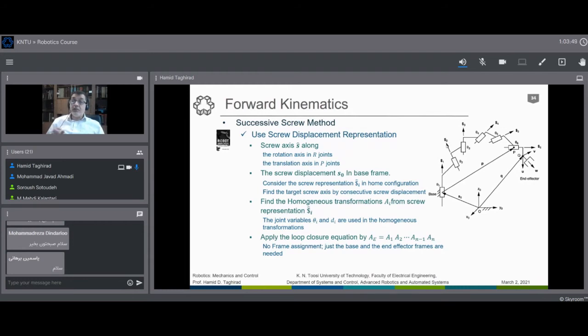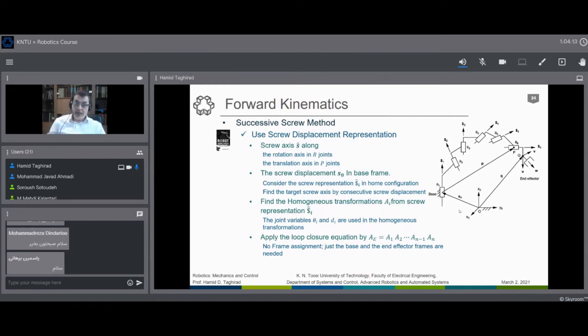When we have a screw, you remember that we should have an offset, the D parameter, the translational part as well. The translational part is also given here: how far S2 is from S1, and how far they are from the base frame, as we see here.